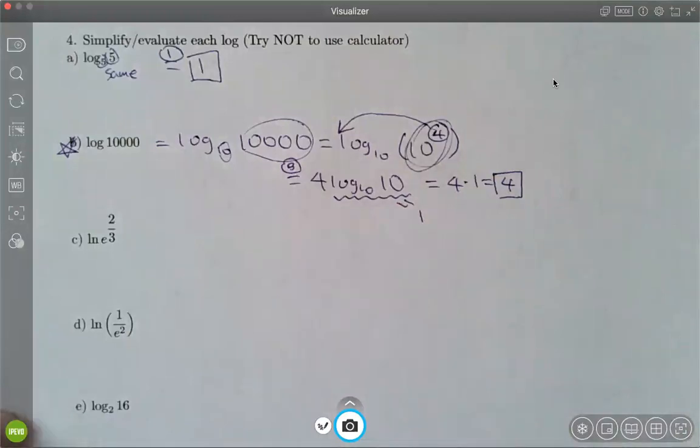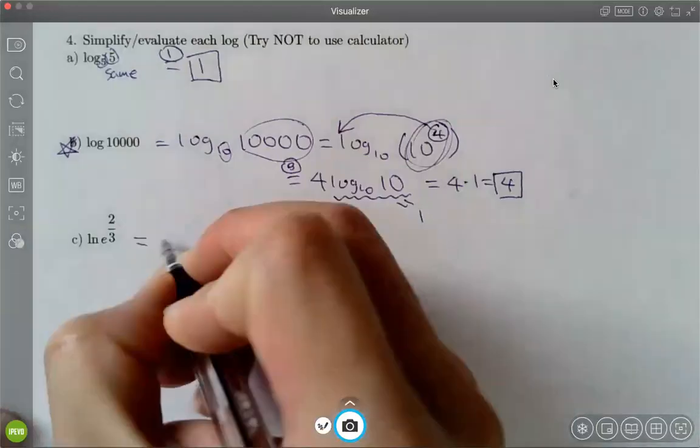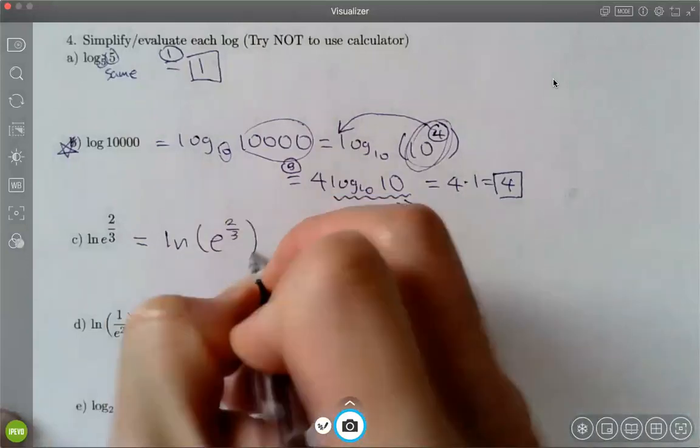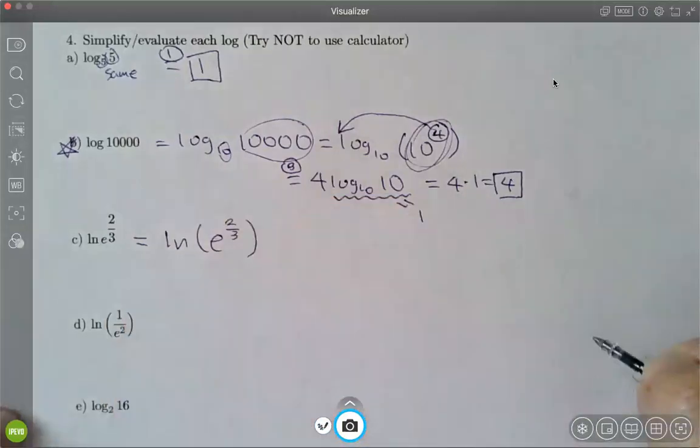And now, part C. Part C is written in a funny way, because I didn't know how to write it in a different way. What I mean is ln and then e to the power 2/3. Here we saw yesterday what ln is.